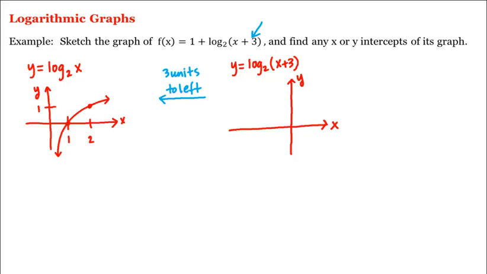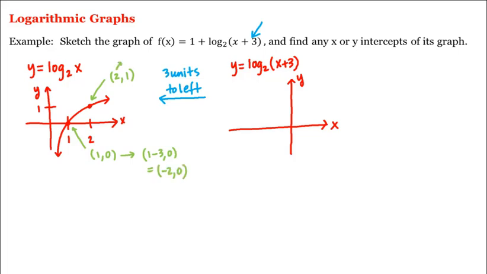Now, if we're rigidly moving this entire graph 3 units to the left, what's going to happen to this point here, (1, 0)? And what's going to happen to this point here, (2, 1)? Well, (1, 0) is going to move to (1 minus 3, 0), or (-2, 0).